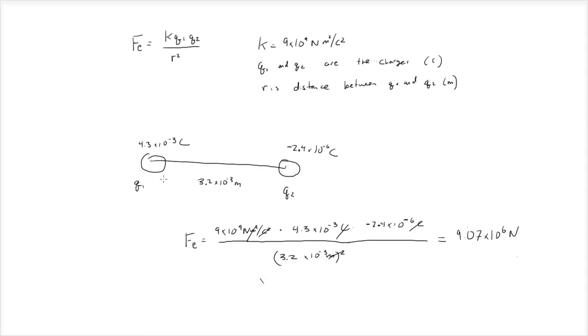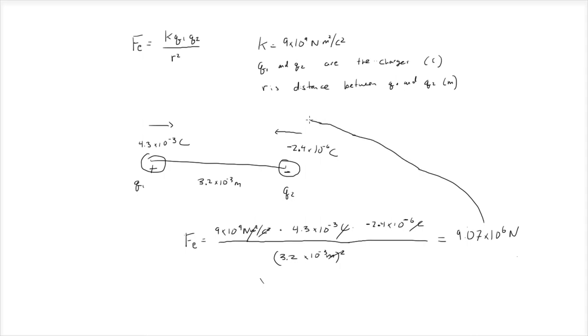And the important thing to do, and this is my strategy, whatever works for you, remember that like charges repel and opposite charges attract. And so you have a positive and a negative charge in this example, so they're going to attract. And so we know that the force is going to be pointed inward, right? They're going to be forced towards each other with the force of this magnitude.